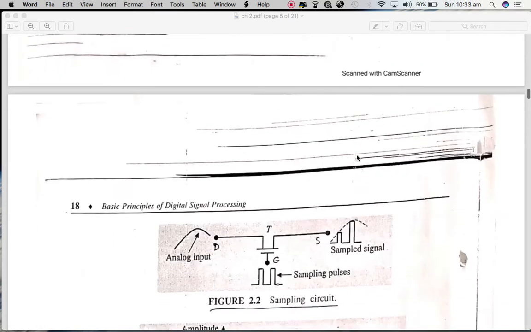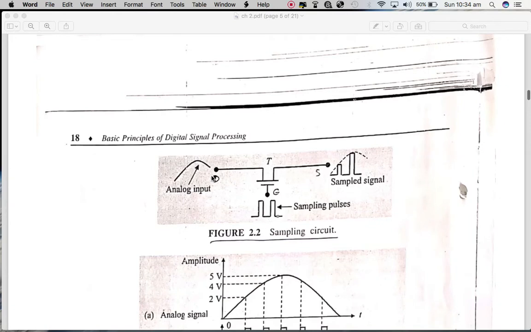As I have explained earlier, the sampling circuit has a control device in which we apply the sampling pulses at the gate, we have the source where the output comes out as a sampled signal, and we have a drain where we apply the analog signal.